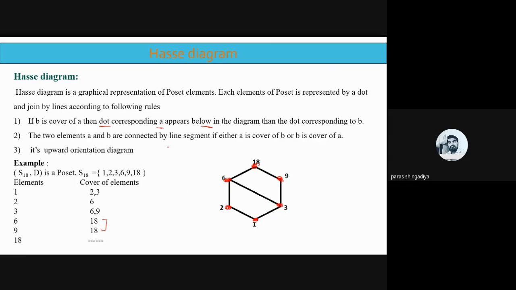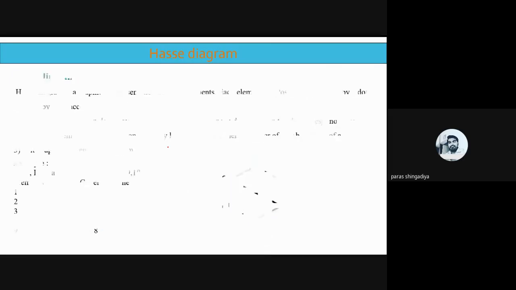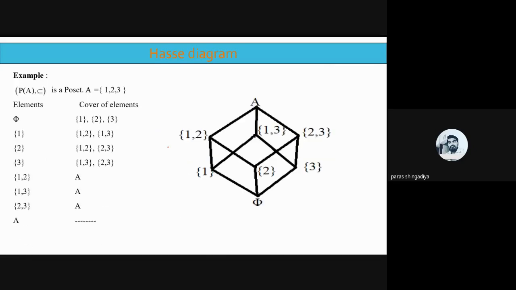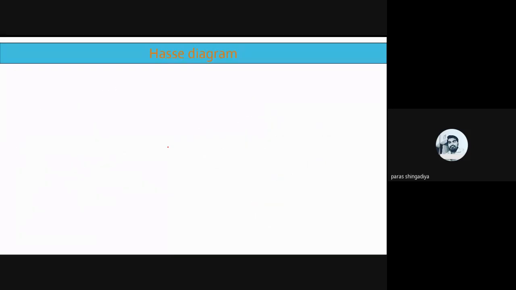Okay, given the partially ordered set (S18, D), first step, identify its cover elements. Which entries are the cover elements of each element included in the given set, and based on these cover elements we can create the Hasse diagram. Okay, so this is the first example. This is the second one, P(A) the power set, where A is equal to {1, 2, 3}, and we can find this type of shape as the Hasse diagram of P(A).